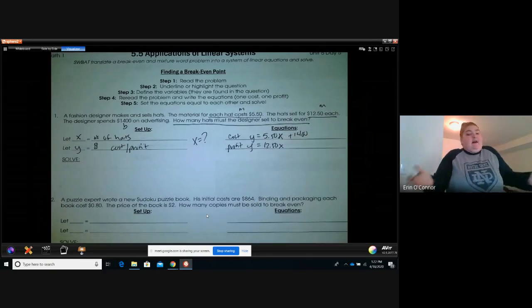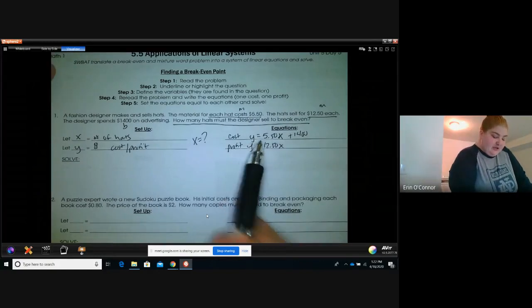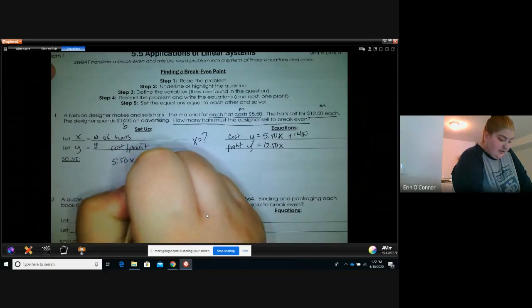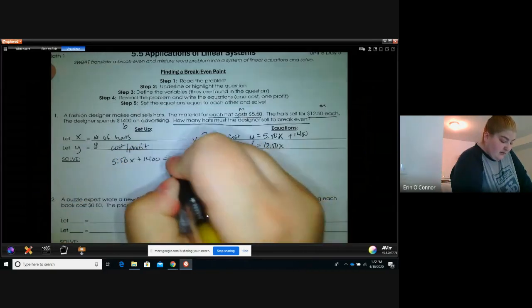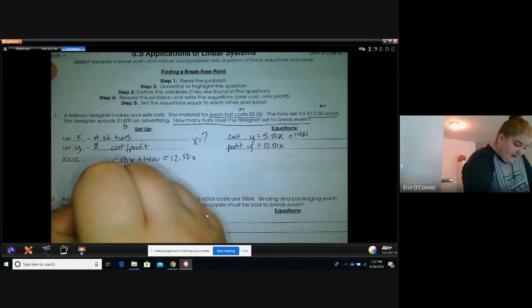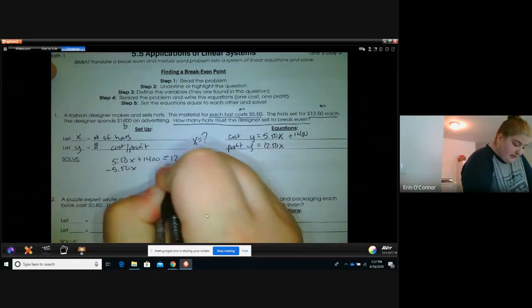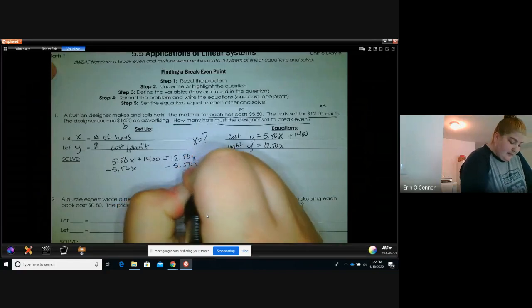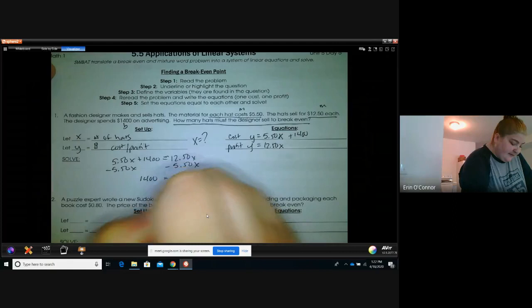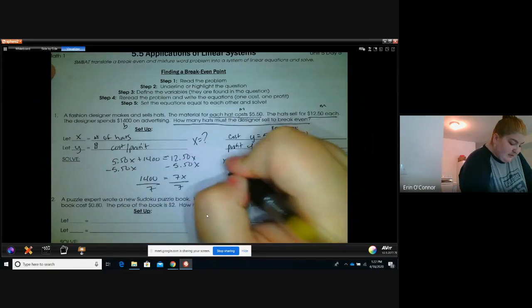You don't make anything else on top of that, just the $12.50. So we're going to set these equal to each other. It's like a substitution. We're going to do 5.50x plus 1,400 equals 12.50x. We're going to subtract 5.50x on both sides. We'll get 1,400 equals 7x, divide by 7, and x equals 200.